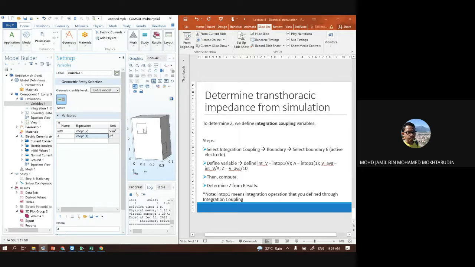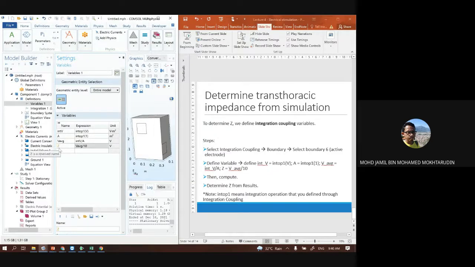And then lastly, we want to determine the average voltage, V average, equals INTV over area. So you get the voltage. And then to find the impedance Z, equals V average over I0.